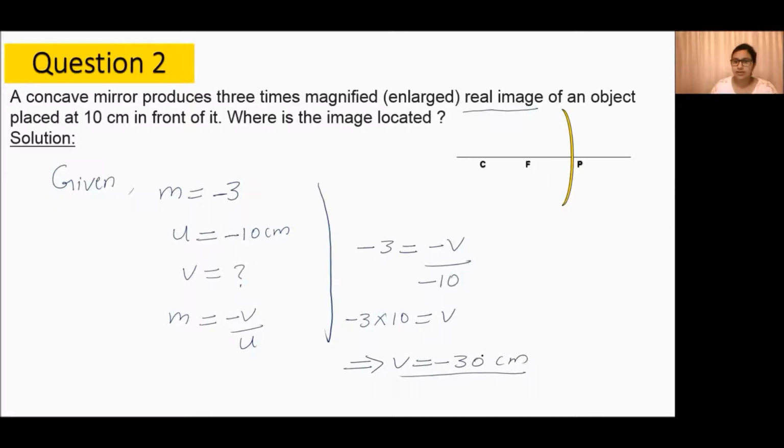This is the final answer. That means if the object is placed at 10 centimeter from the mirror surface, the image is obtained at 30 centimeter on the same side of the mirror. So it is a highly enlarged, real and inverted image.